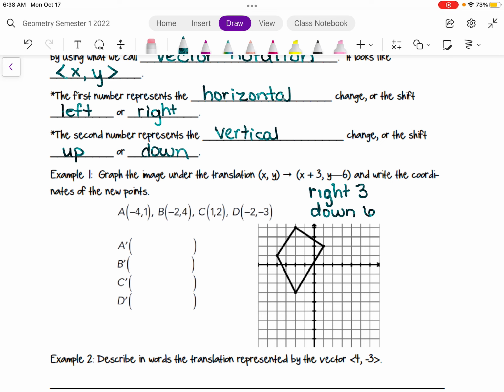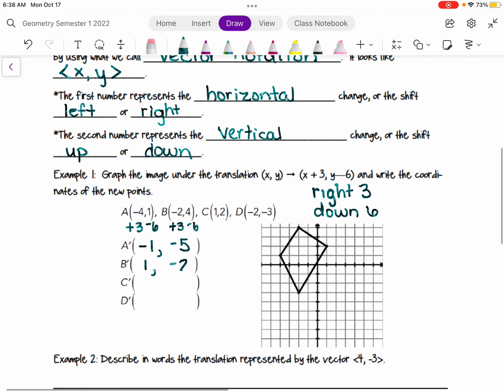So for A, we want to add 3 to the X value and subtract 6 from the Y value. So negative 4 plus 3 is negative 1. 1 minus 6 is negative 5. I'm going to repeat that process. Plus 3, minus 6. So that becomes 1, negative 2.